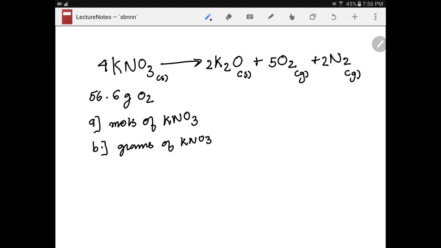To first approach this problem, let's talk about the concept of moles. Whenever you are given a problem like this, you have to make sure that you convert all the weights that you are given into moles.